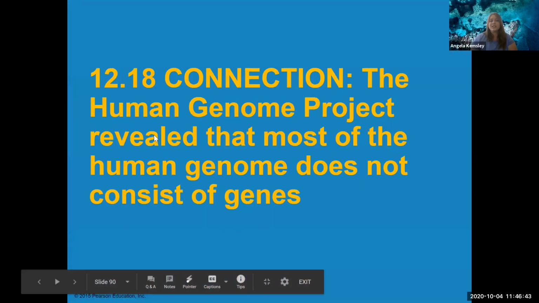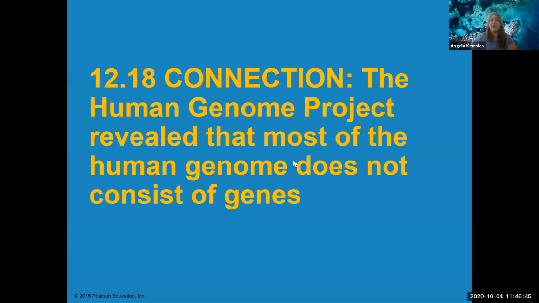The Human Genome Project revealed that most of the human genome does not consist of genes. Back when I was in high school, I took a forensics class, before the Human Genome Project was completed, so it was kind of a new technology. And I remember the teacher teaching us about junk DNA, about how most of the human DNA is junk and doesn't really do anything.